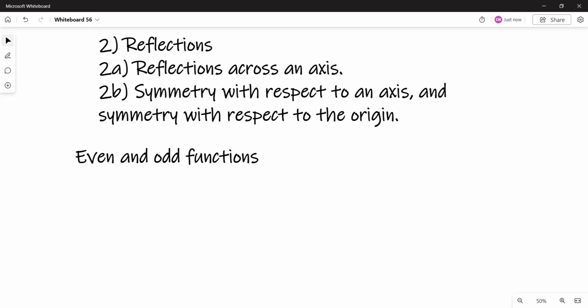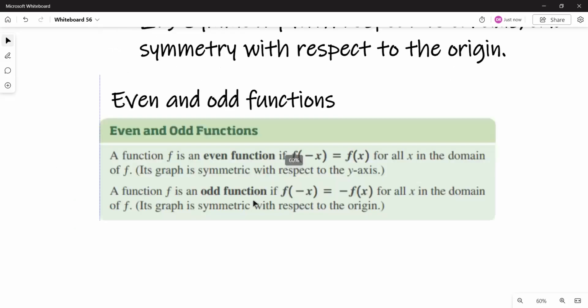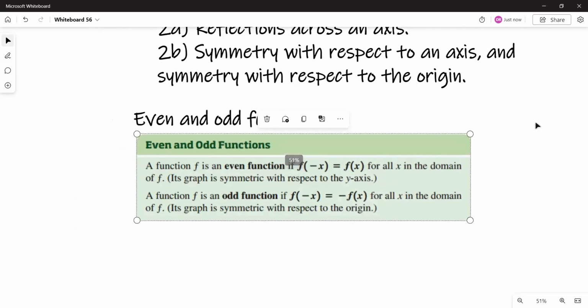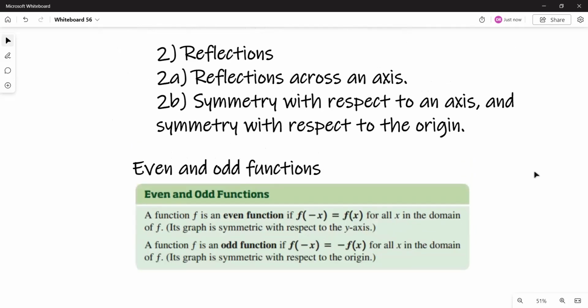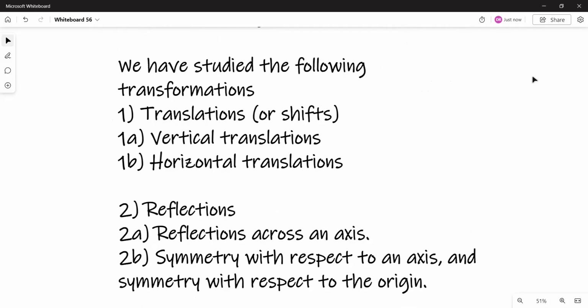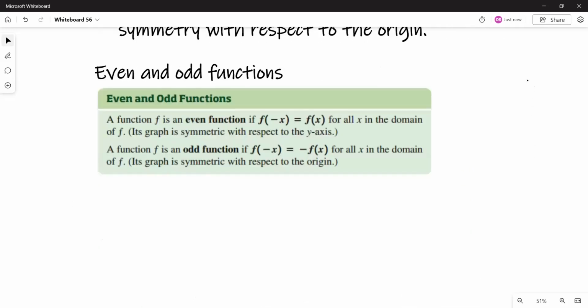I'm going to copy the definition from page 266.